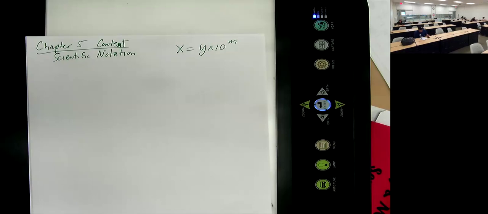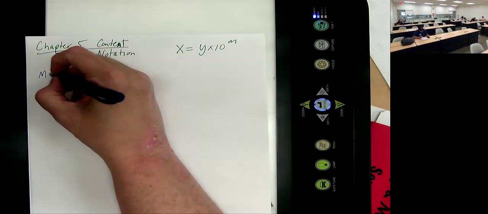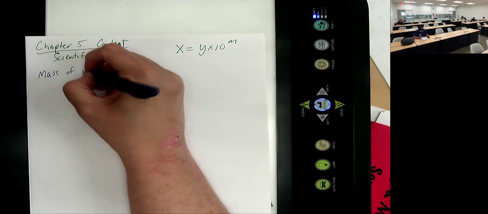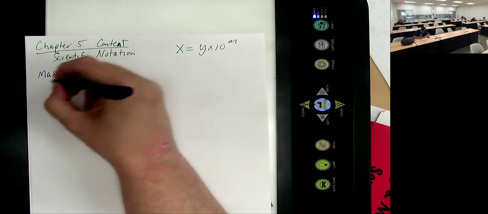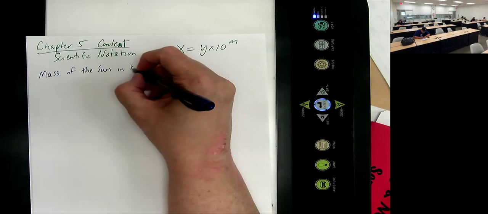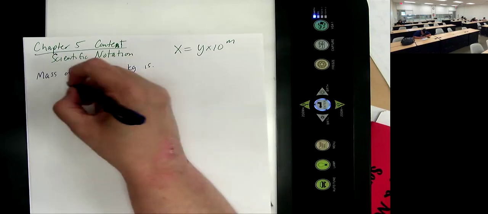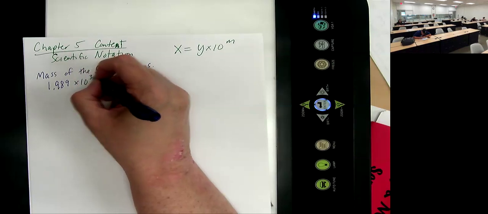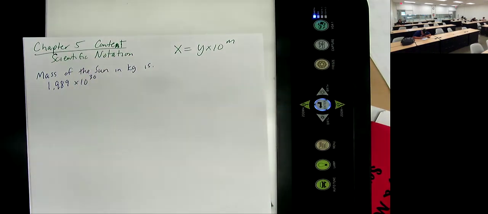Let me give you some examples to put it in perspective. The mass of the sun in kilograms is 1.989 times 10 to the 30th power.